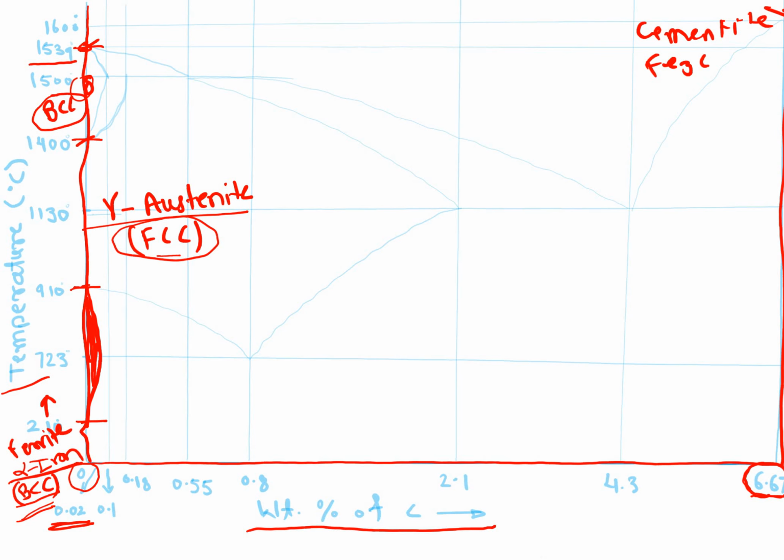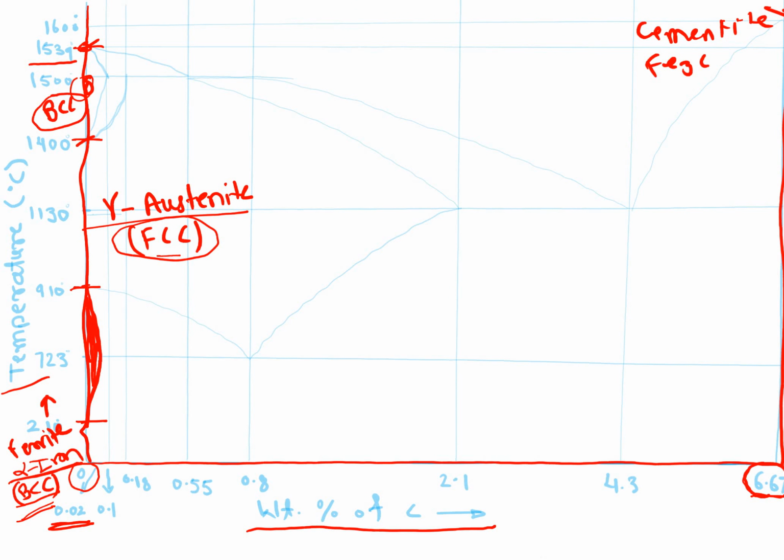Because of this, very little carbon gets dissolved in alpha ferrite. This is very soft compared to other steels and may be magnetic in nature.